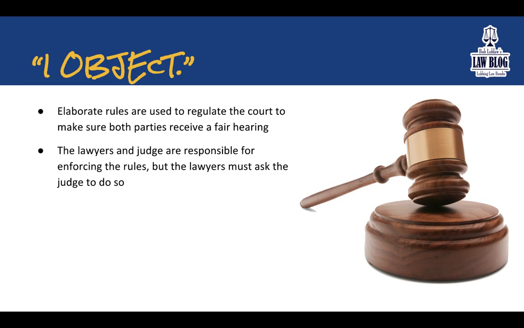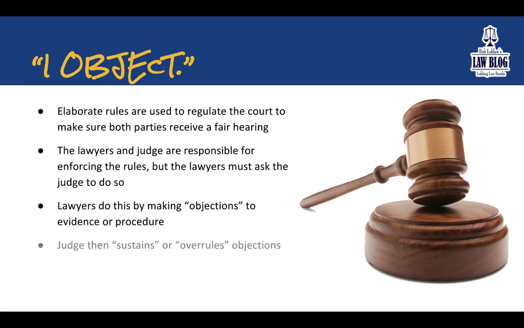And you do this by making objections to the evidence or procedure and then giving your reason for the objection. A response should tell the judge why the question or witness's answer was in violation, and then the other side can say why they believe it was not, and then the judge will make a ruling, either sustaining the objection or overruling it.